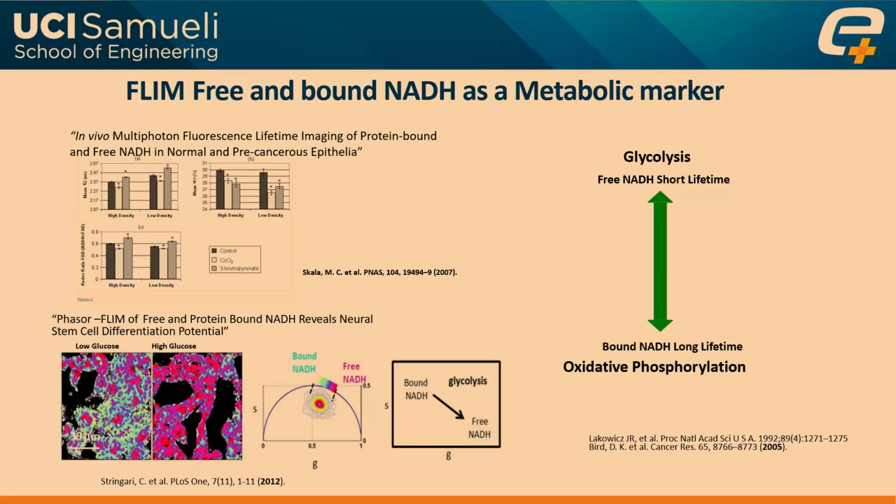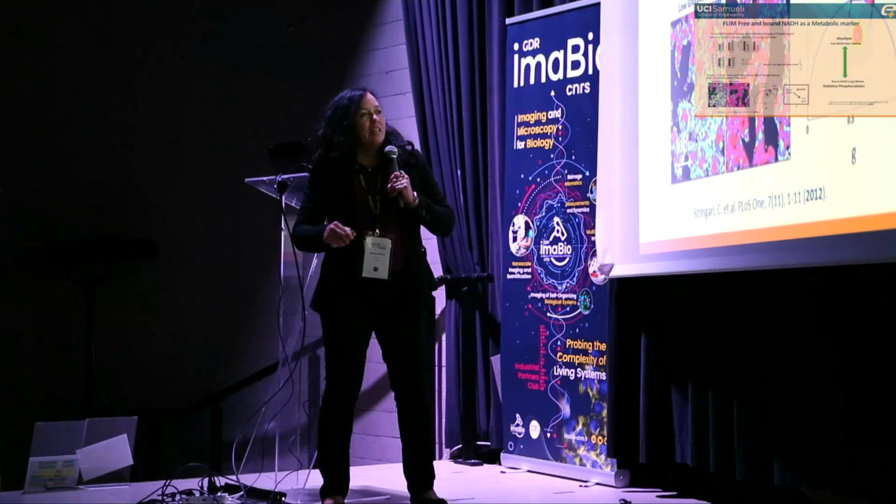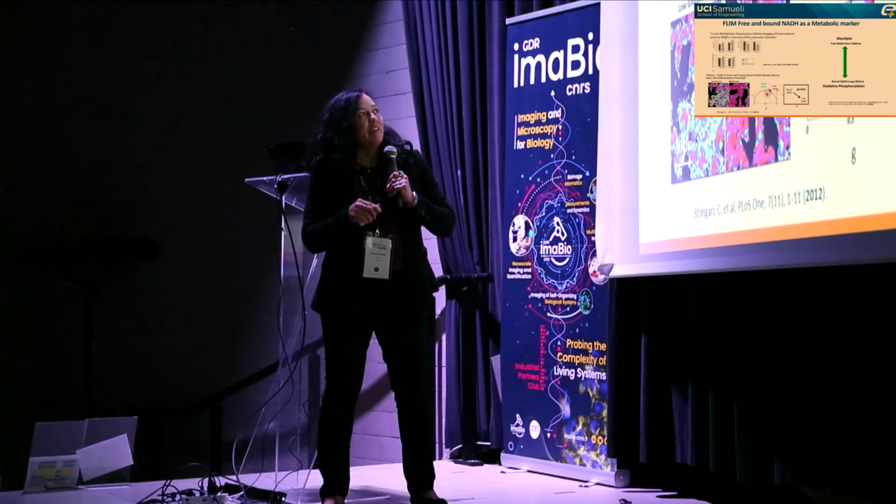So, okay, a lot of other groups have used the free and bound fraction of NADH as a metabolic marker. Melissa Skala's group has looked at in vivo multiphoton fluorescence lifetime imaging and protein-bound NADH in precancerous epithelia. And Chiara Stringari has also shown that the phasor FLIM of free and bound NADH reveals stem cell differentiation and potential.